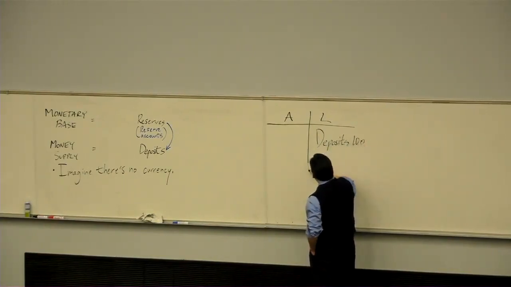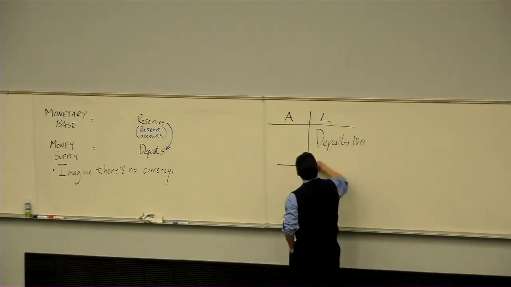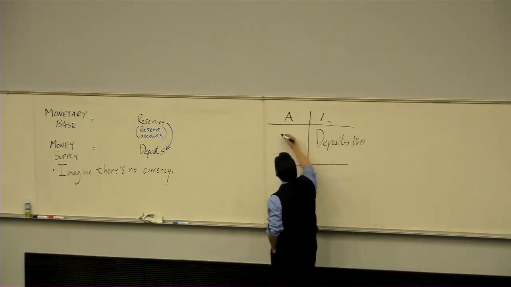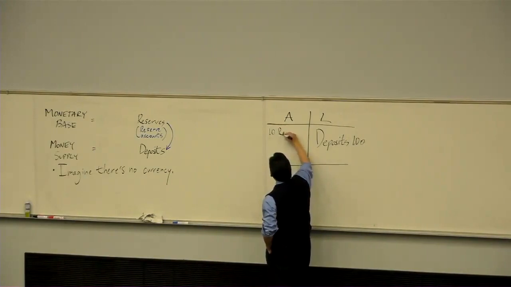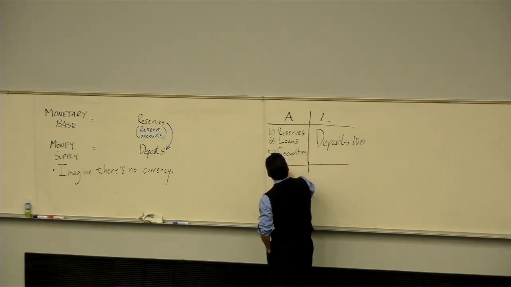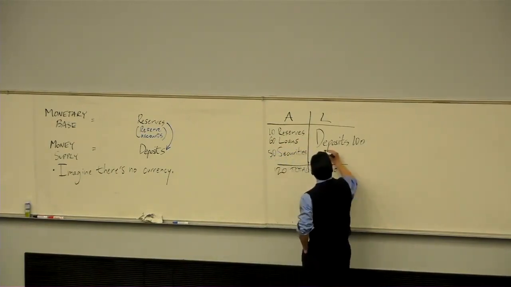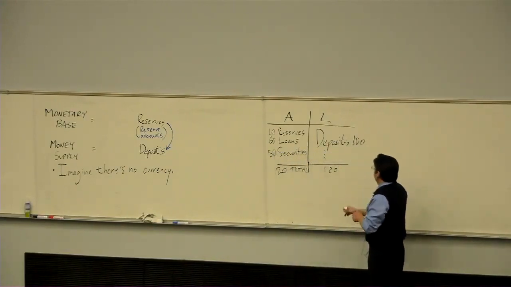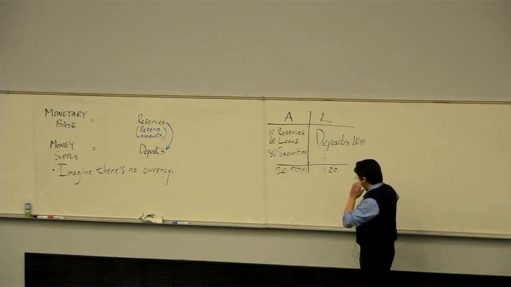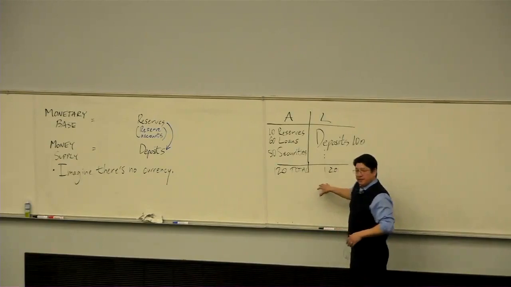I'm just going to quickly draw up some part of it, the part that we need for this discussion. Okay. And as you know, every bank has a balance sheet.